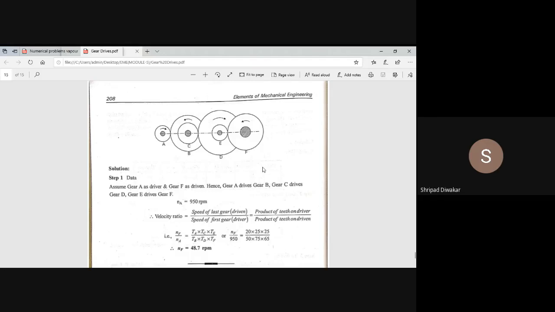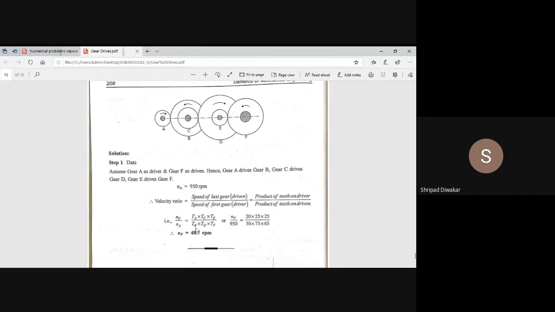Okay, so first you analyze the diagram, then you write the formula. NF divided by NA equals TA into TC into TE divided by TB into TD into TF. Once you write the formula, you substitute the values given in the problem.